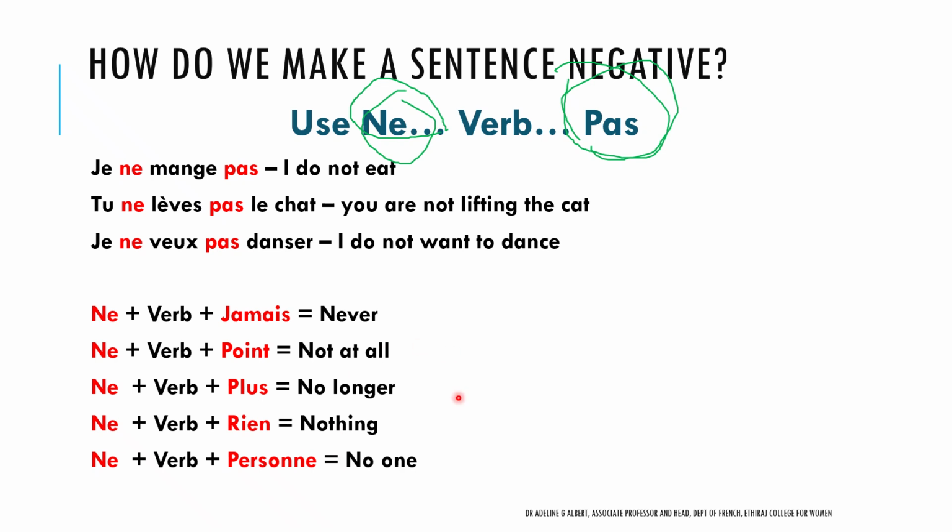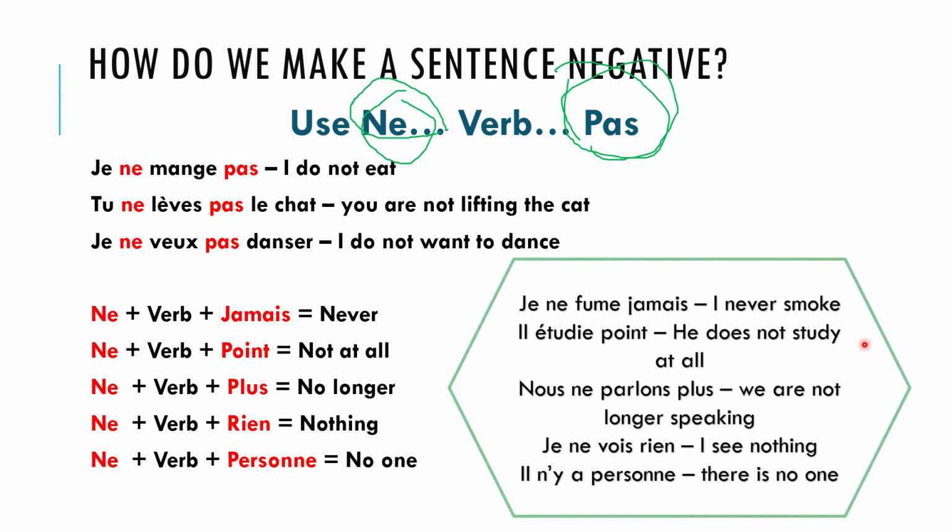So these are your negatives. You will see some of them, most of them, over the next semester. This is just an introduction to negativism. Okay. I've given you some more sentences here along with their translation so that you understand that ne comes in front of the verb and the negative form after.